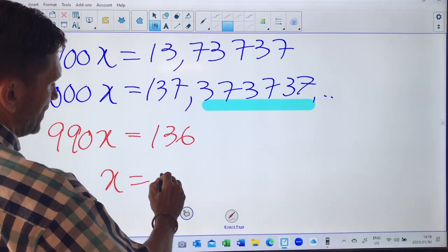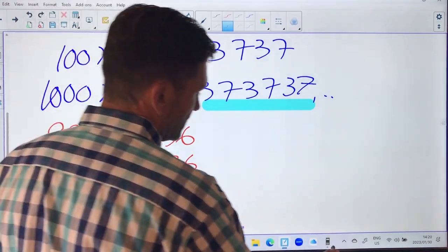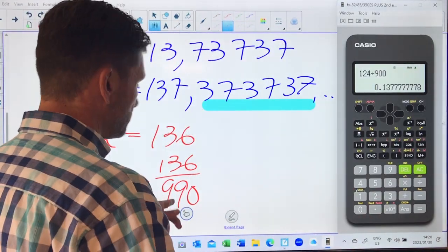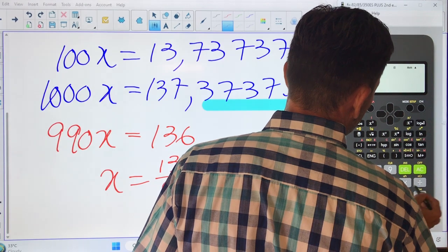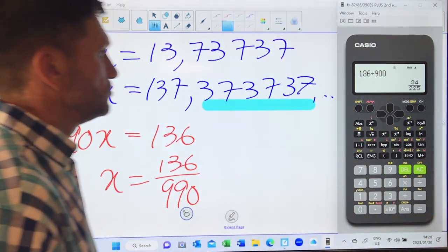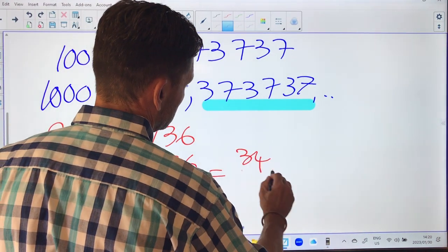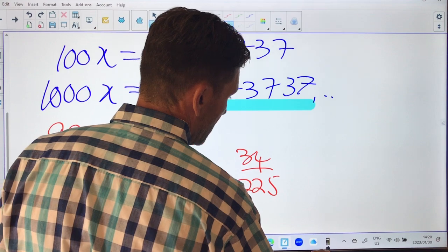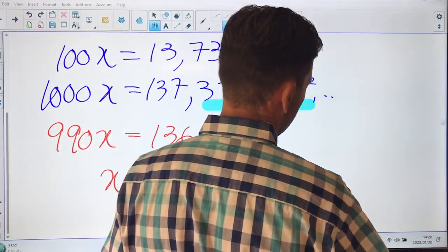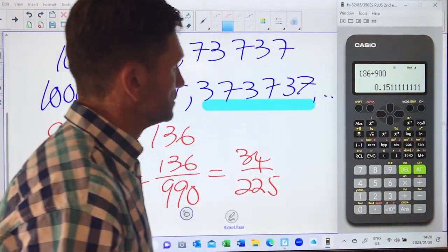If I simplify this, 136 over 990, again I'll use my calculator to see if it's simplified as far as we can go with it. So 136 divided by 900, and it simplifies it to 34 over 225. Again, use the calculator to see if you got the correct answer.